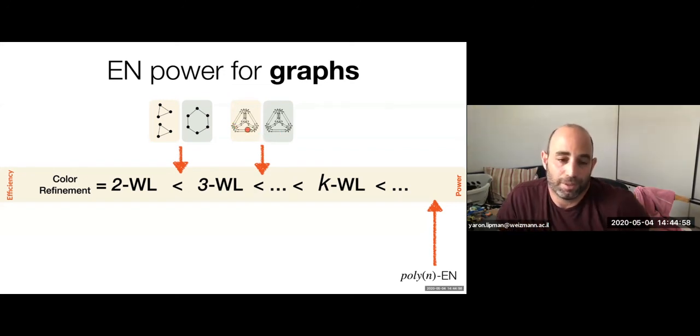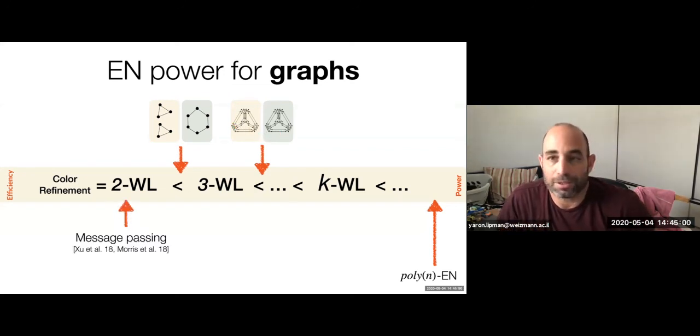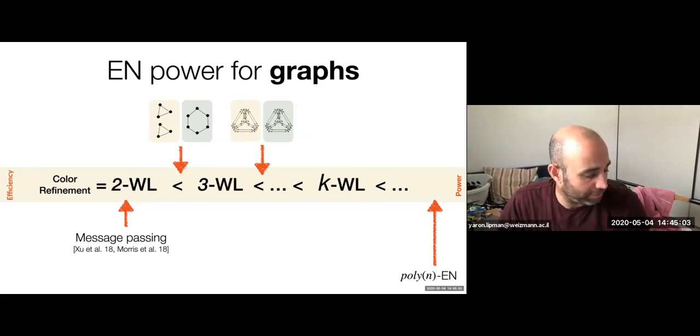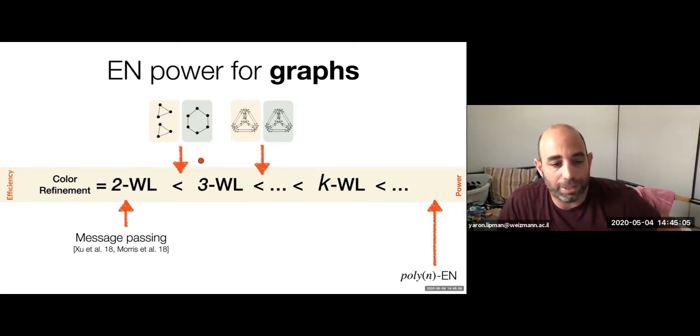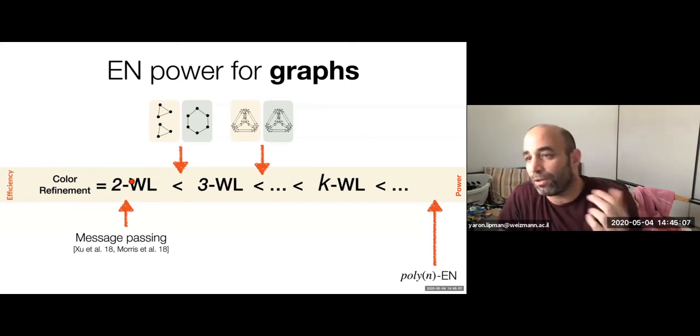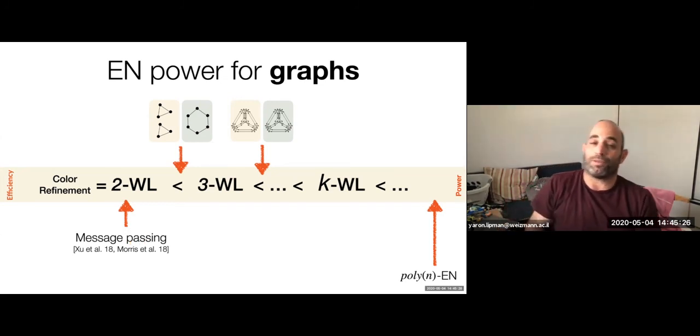All right, and so what we said so far is that if you pay attention to the definition of this color refinement algorithm, it's really similar to message passing. And it turns out that if color refinement cannot distinguish between two graphs, for example these two cases, then message passing cannot learn any function that distinguishes between them.